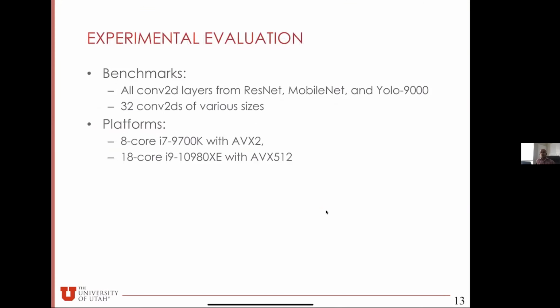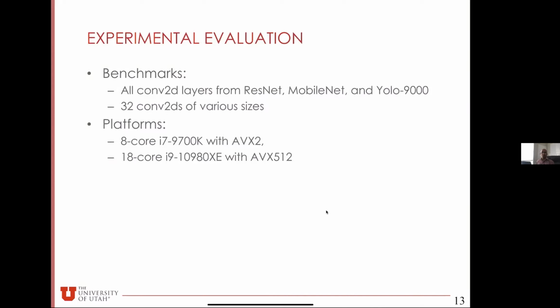Okay, so let me go over some experimental evaluation of the code. Essentially, we solve the multi-level optimization problem, and then we generate code by using standard GCC or ICC for the particular loop permutation and tile sizes that have been designed for a particular CNN.